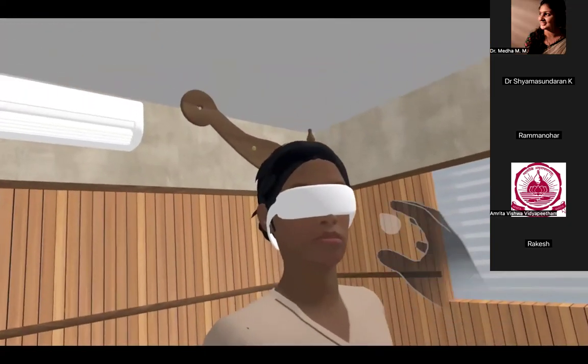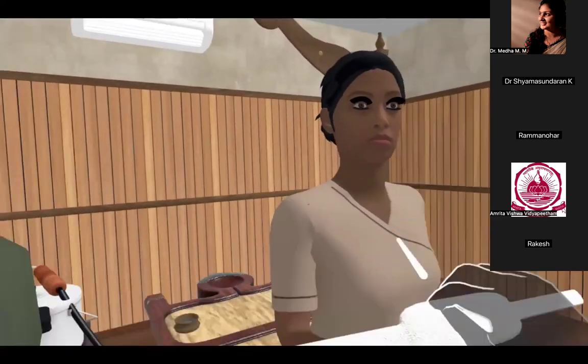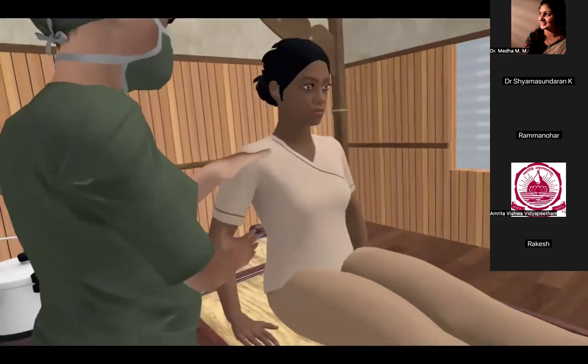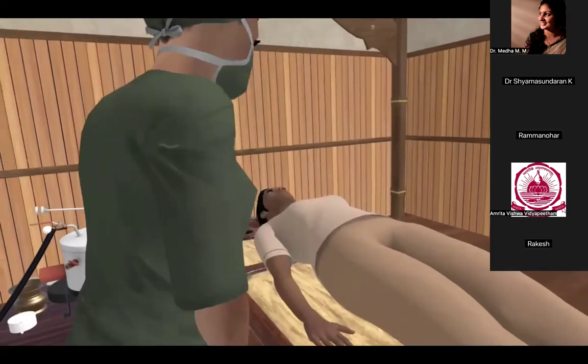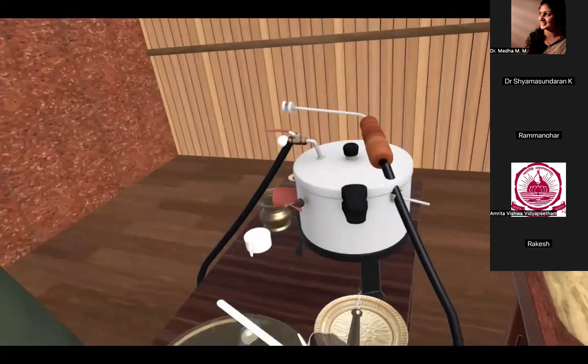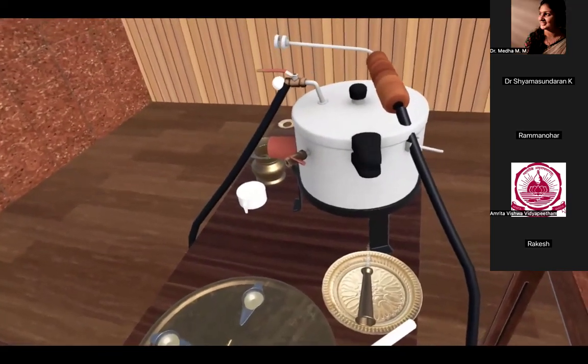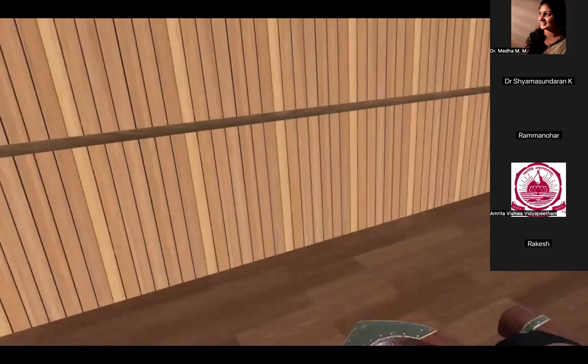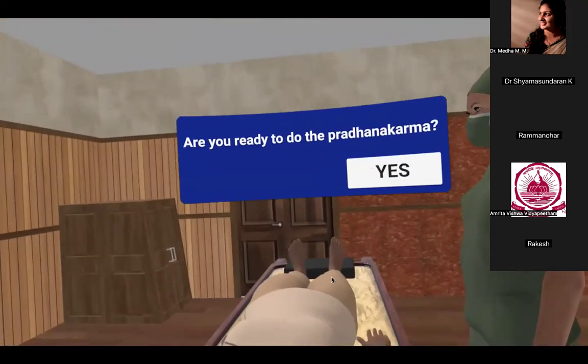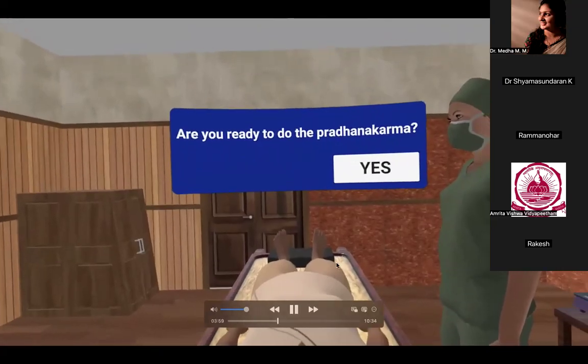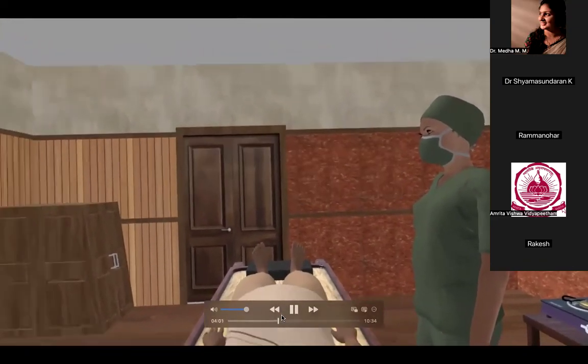Next is to remove the eye pad and ask the patient to lie down on the treatment bed. So next is to do the Pradhana Karma.